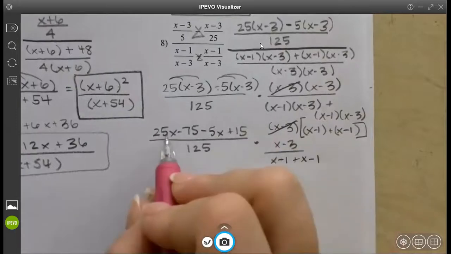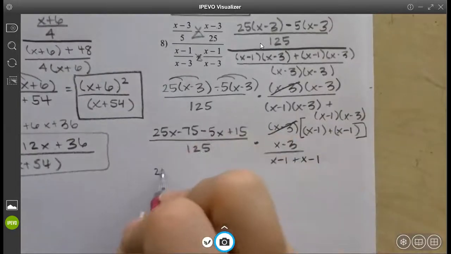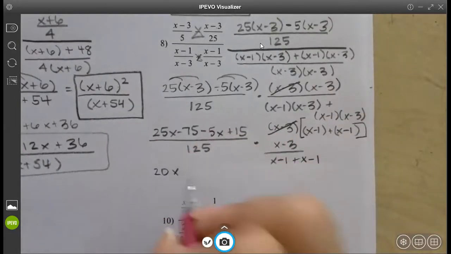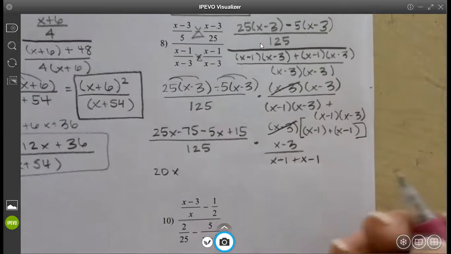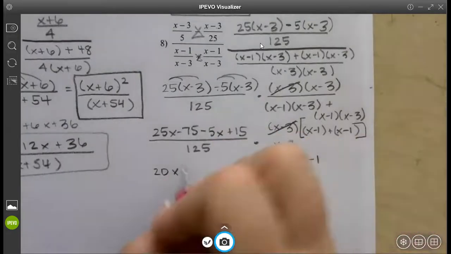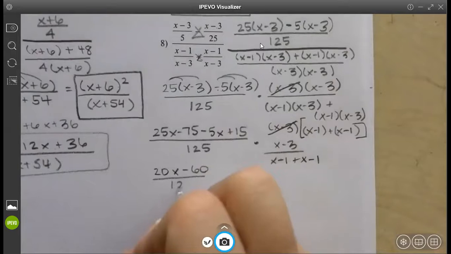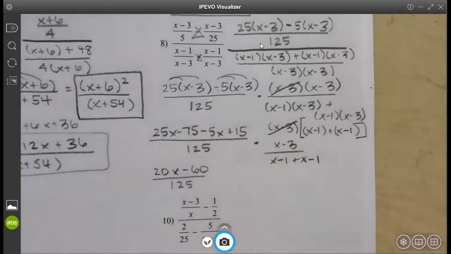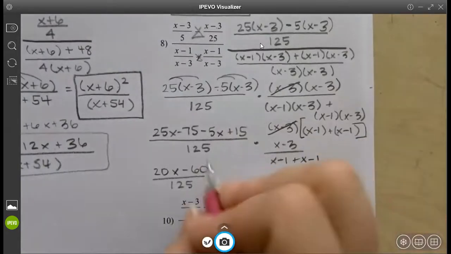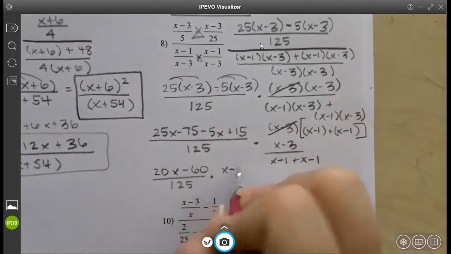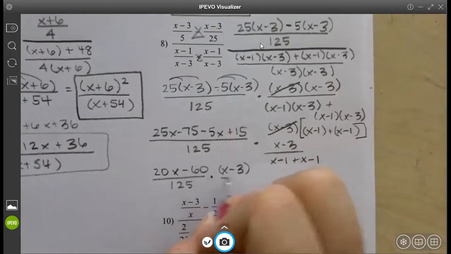Clean it up again. 25 minus 5 is 20x. Negative 75 plus 15 is negative 60 over 125. We have x minus 3 on the top.